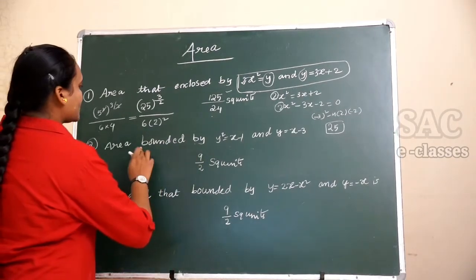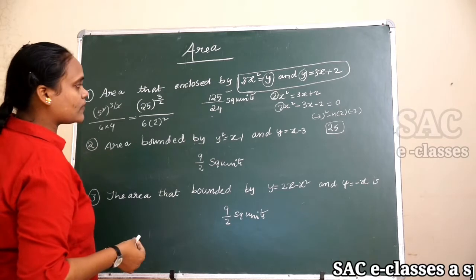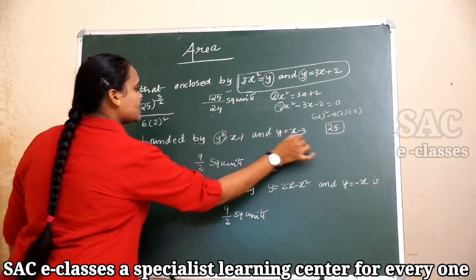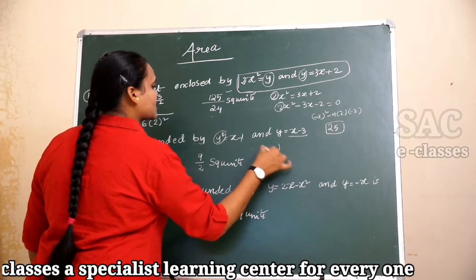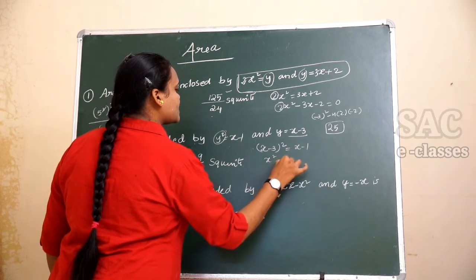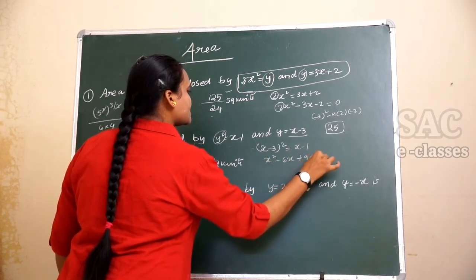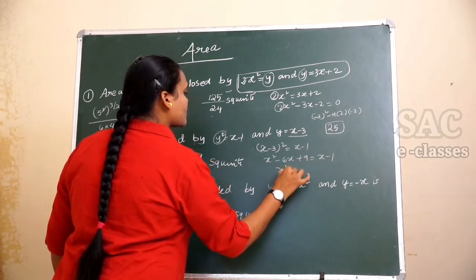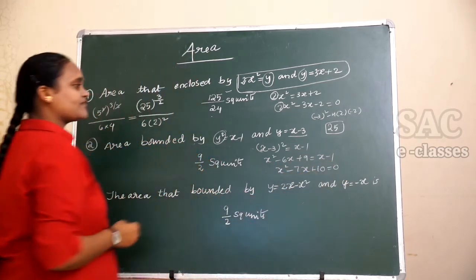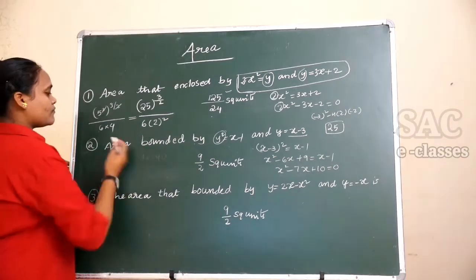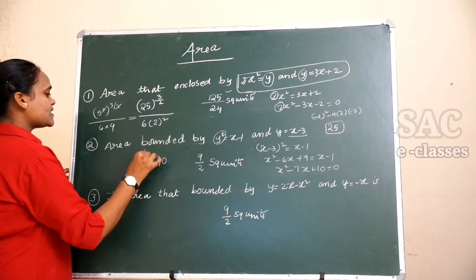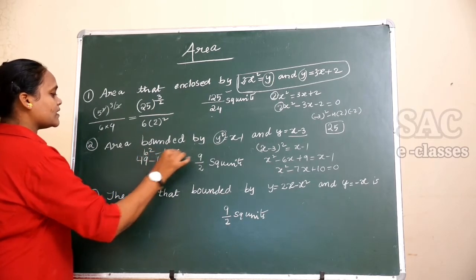Now the area bounded by y² = x − 1 and y = x − 3. Let me substitute the y value: (x − 3)² = x − 1. Then x² − 6x + 9, and on simplifying, you get x² − 7x + 10 = 0. In the same manner, find the discriminant: 49 − 40, where b² − 4ac is the discriminant.